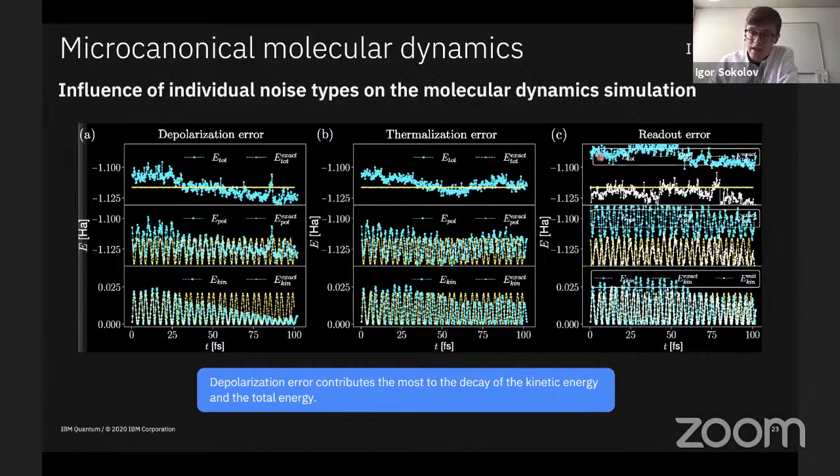You can see below that the forces are still quite okay, because the kinetic energy is somewhat conserved. It does not diminish too much over the duration of 150 seconds. So depolarization error is the main source of our problem. That is the outcome of this study.